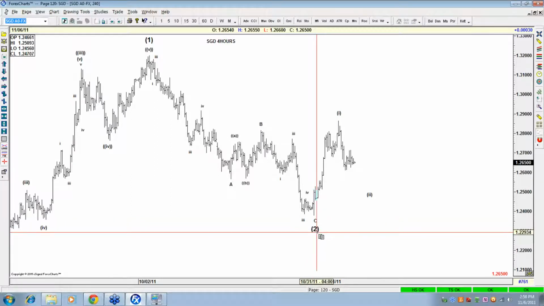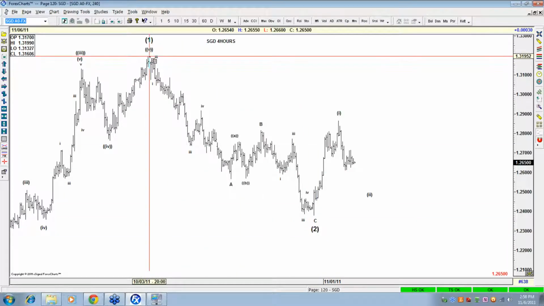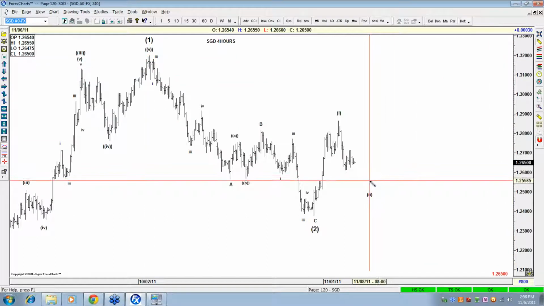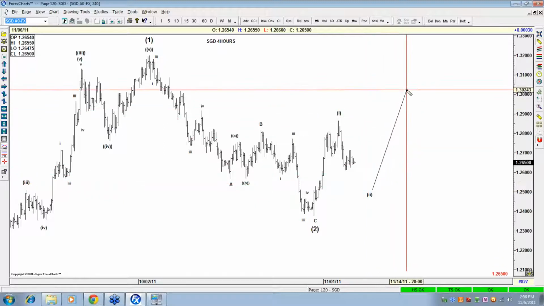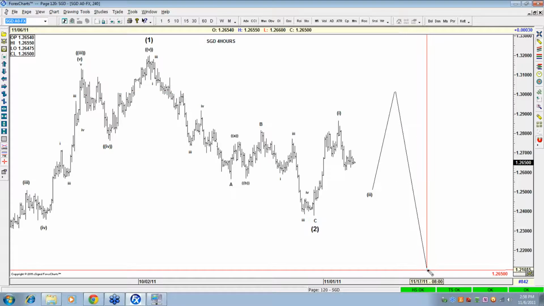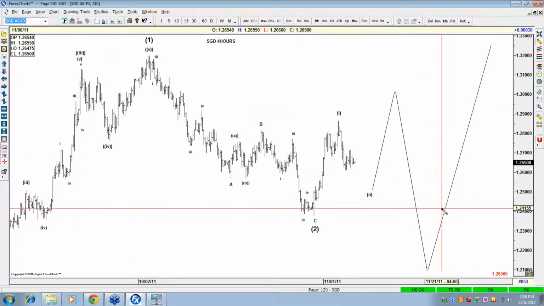This wave 2 does not get confirmed until this high is broken. Otherwise, this wave 2 can still be in place, and the market can do this here, and then do this, and then do that. And then that can be the case.